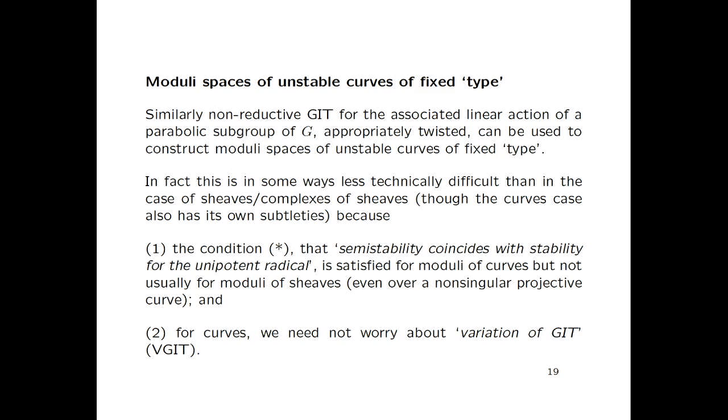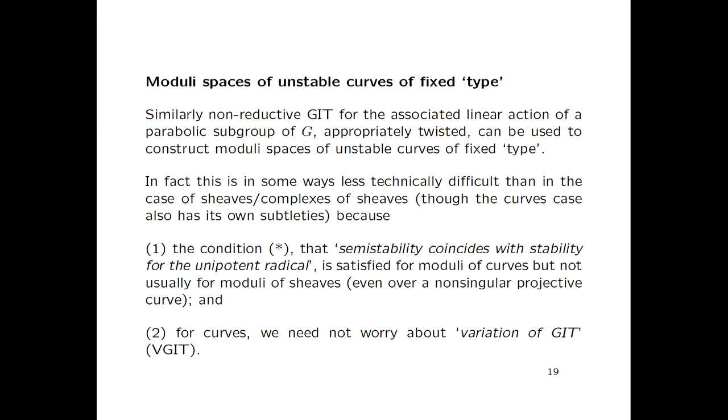And it links in with the Serre-Rosenlicht construction of singularities that I talked about before. That's a particularly nice case to apply the non-reductive GIT to, because the condition that semi-stability coincides with stability for the unipotent radical is automatically satisfied for this moduli space of curves construction, though there are also subtleties in that GIT picture as well.